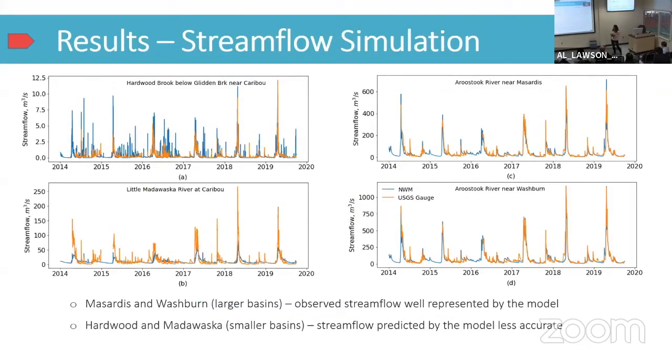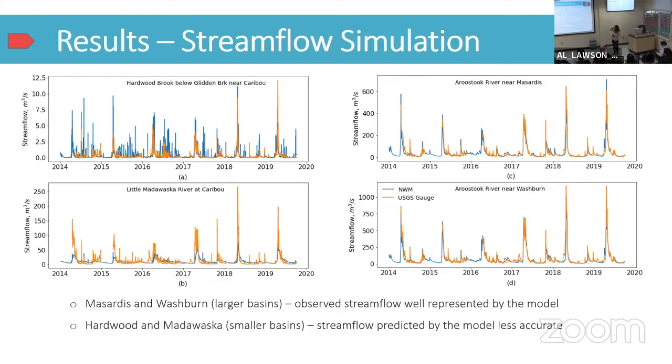So these are the results from the Streamflow. The two figures to the left are the smaller basins, Hardwood Brook and Little Madawaska, and the two figures to the right are Masardis and Washburn. They are the larger basins. So you can see that for the two smaller basins, the Streamflow was not quite as well represented.